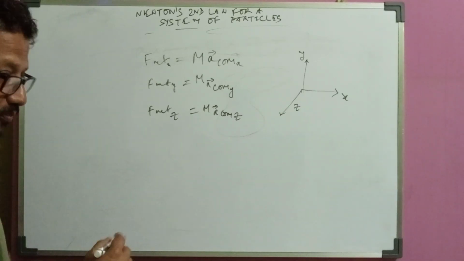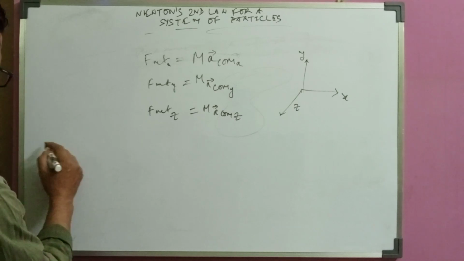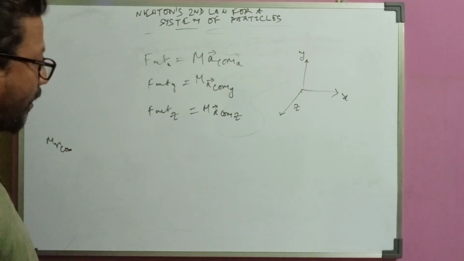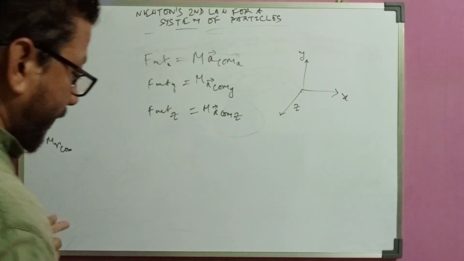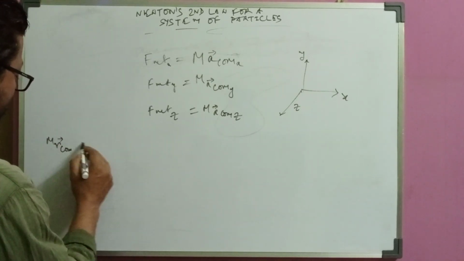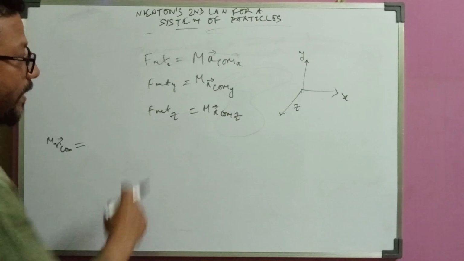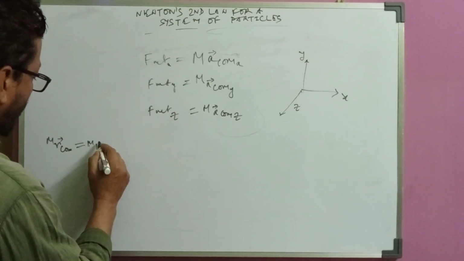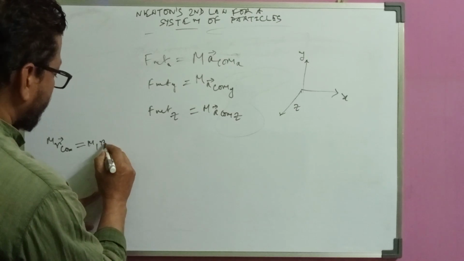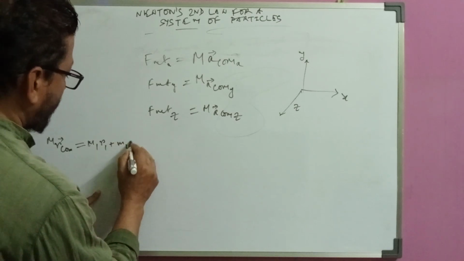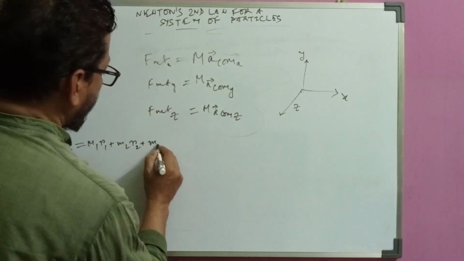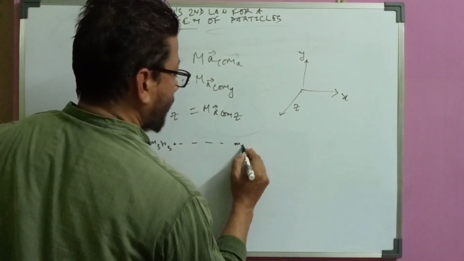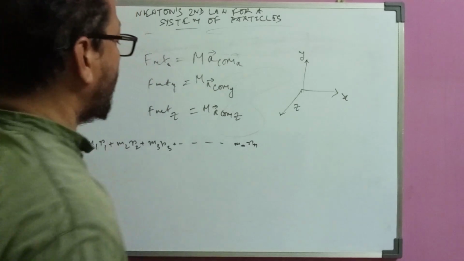Now we'll do it this way. M R, the resultant part of the vector R. So we can write: M1 R1, M2 R2, M3 R3, up to Mn Rn.